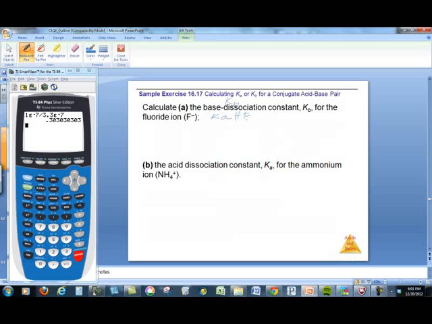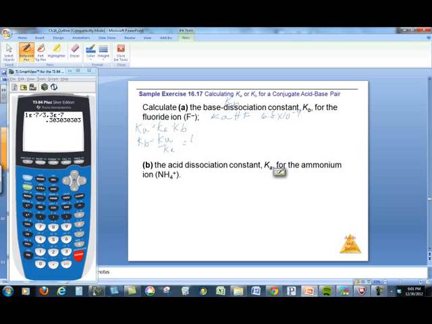The Ka of HF is 6.8 times 10 to the minus 4. Okay? So Kw equals Ka times Kb, and I'm trying to find Kb, so Kb is equal to Kw over Ka.